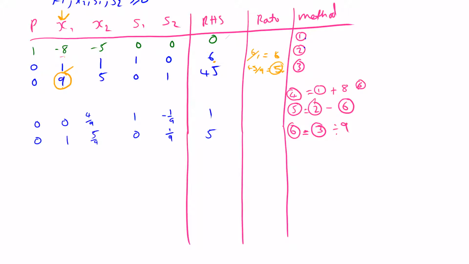So we're going to have 1 plus 8 lots of 0, which is 1, minus 8 plus 8 lots of 1 is 0, minus 5 plus 8 lots of 5 ninths is negative 5 ninths, naught and naught is naught, and 8 ninths.